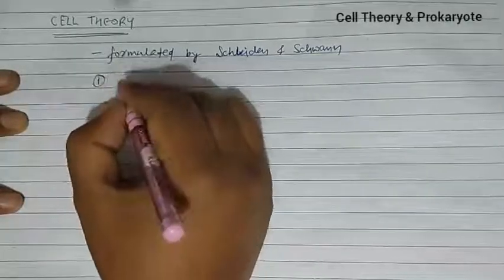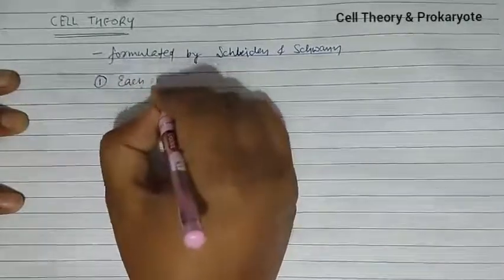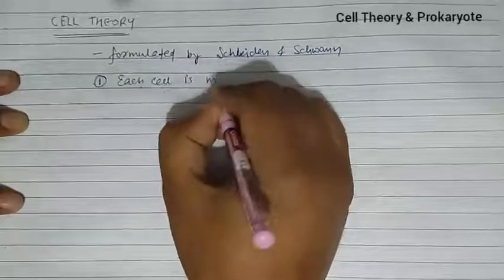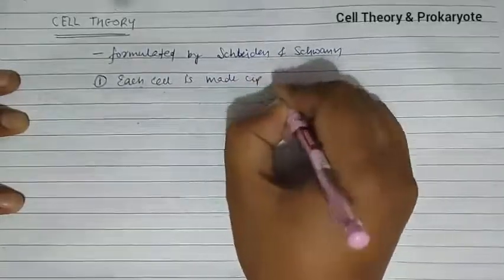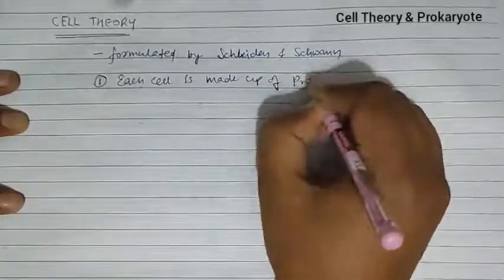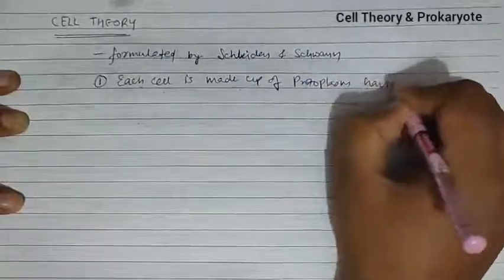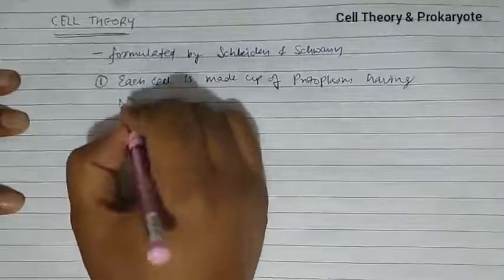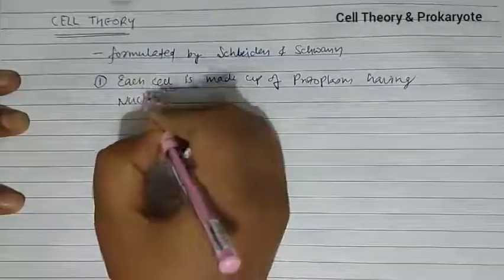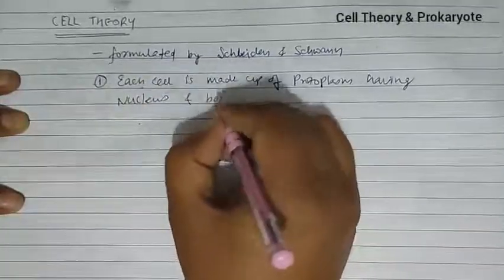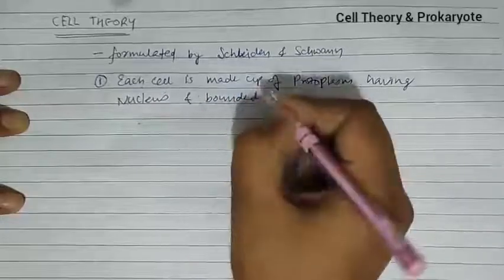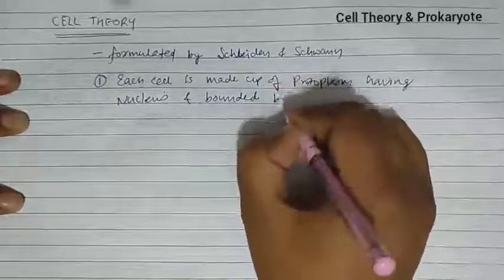Number one, each cell is made up of protoplasm having a nucleus and bounded by a cell membrane.